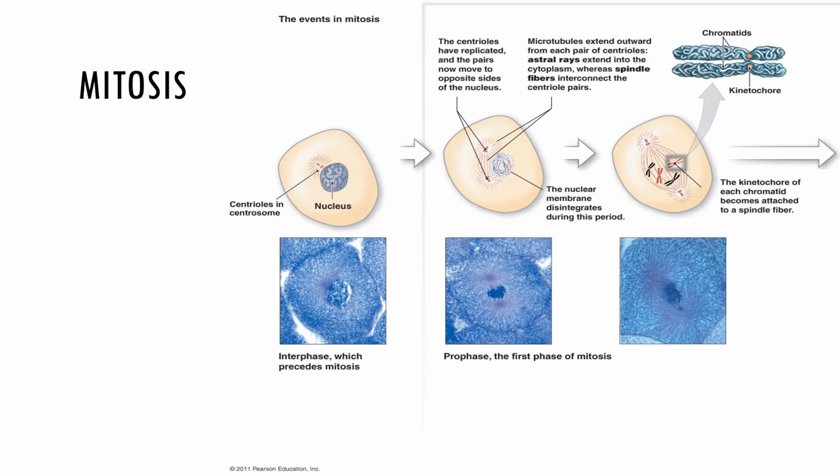This is where the chromosomes become visible. The centrosomes separate and start to migrate towards the opposite poles. The mitotic spindle forms, which is going to set the stage for the cell division. The nuclear envelope begins to break down and fragment. And the microtubules are forming and being drawn to the equator of the cell in preparation for division.